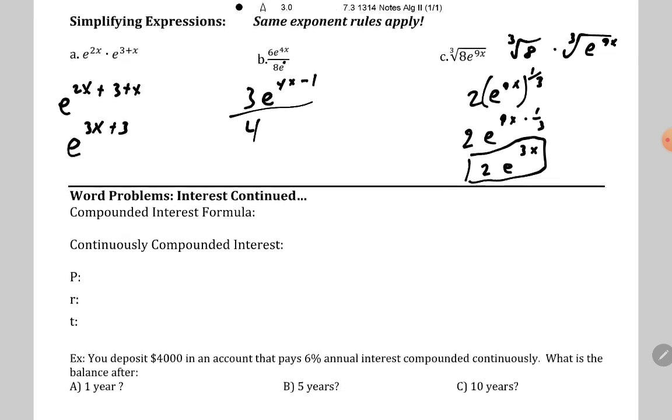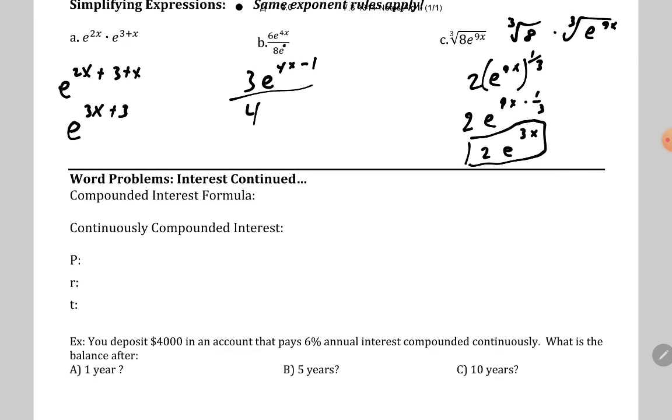All right. Let's go back to banking. The compound interest formula is A equals P times 1 plus r over n to the nt.